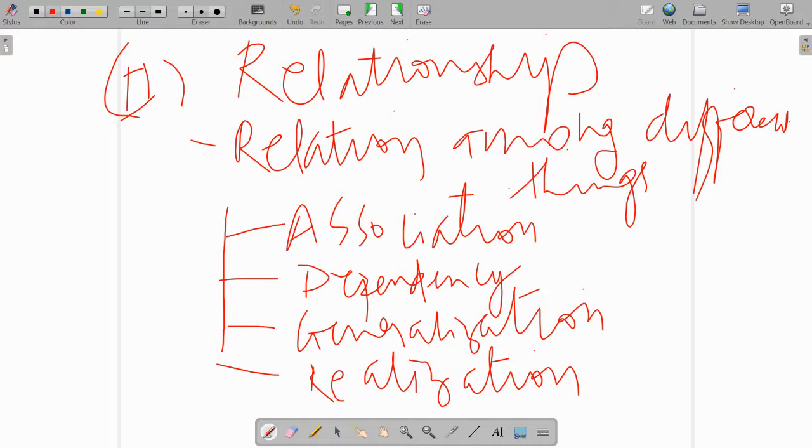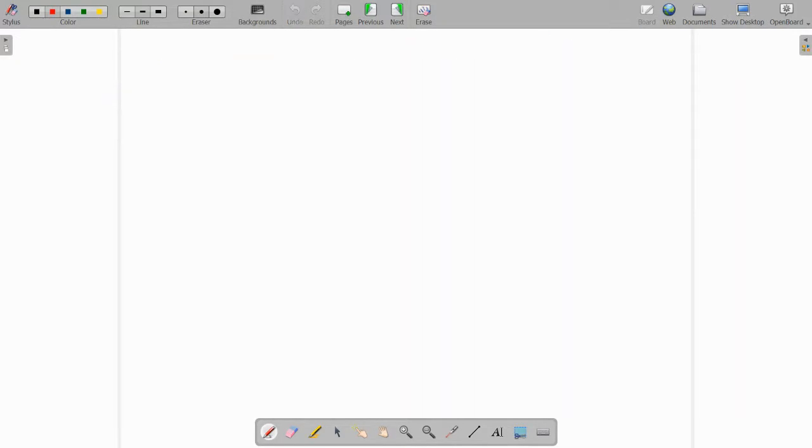The relationship can be shown by association, it can be shown by dependency, it can be shown by generalization, or it can be shown by realization. Nothing more about this, but since this is a visual language, let us see how these relationships can be shown between the different things, in this manner.